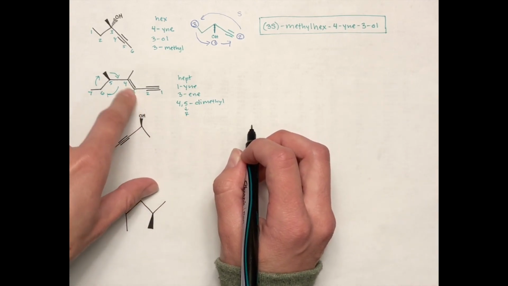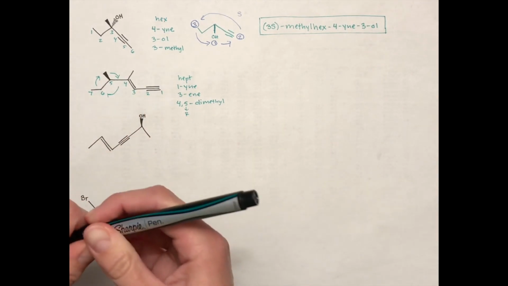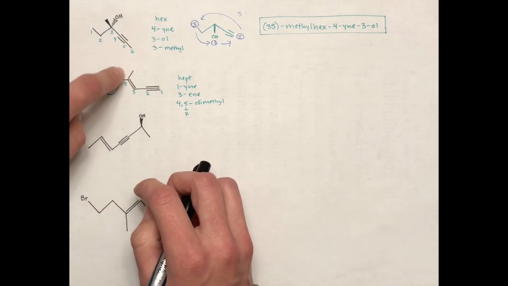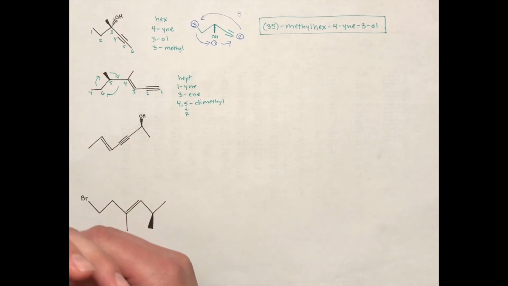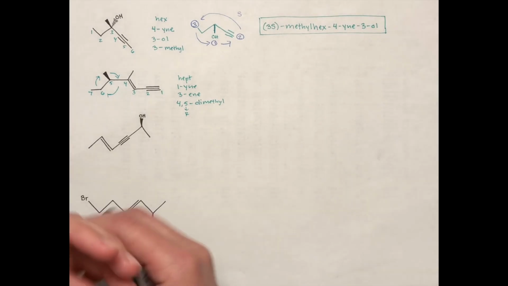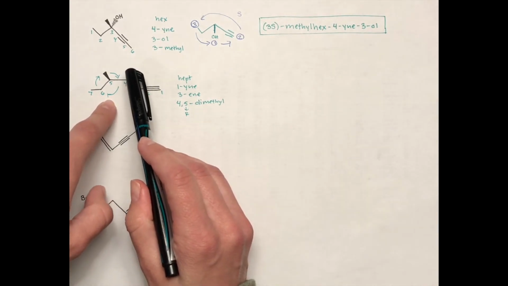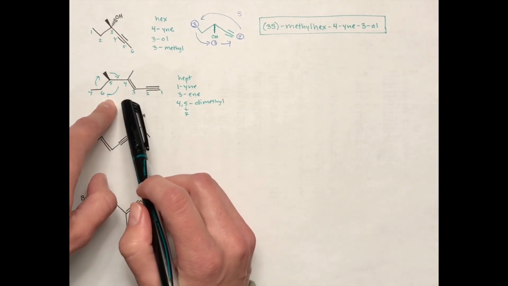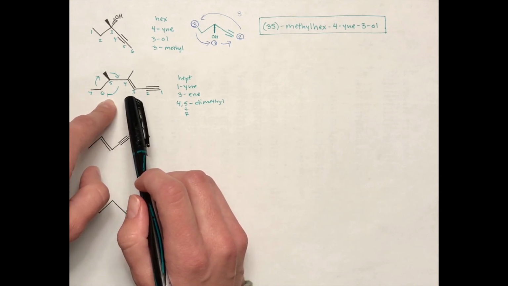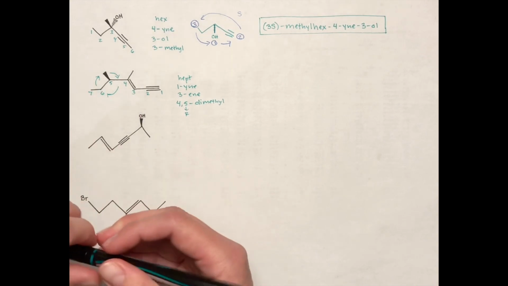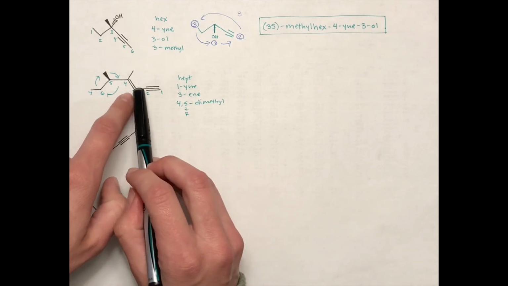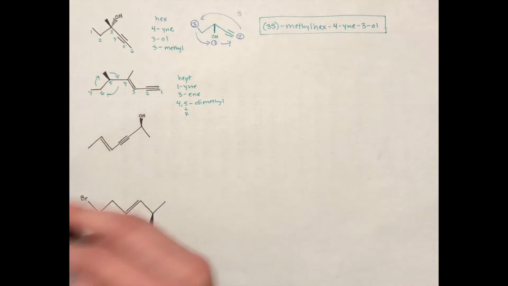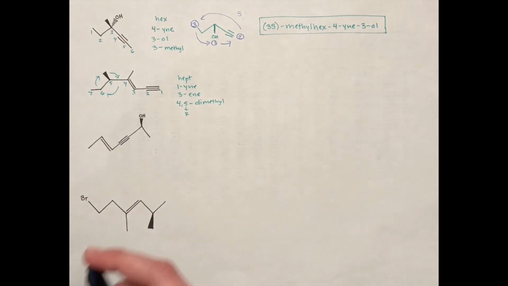And 3, off of a double bond, we can decide if the substituent groups are on the same side or the opposite side. When substituent groups are on the same side, it's Z. When substituent groups are on the opposite side, it's labeled as E. So looking at this, I know this is a straight line, but imagine in your head you kind of have to flip it or decide where it would bend.